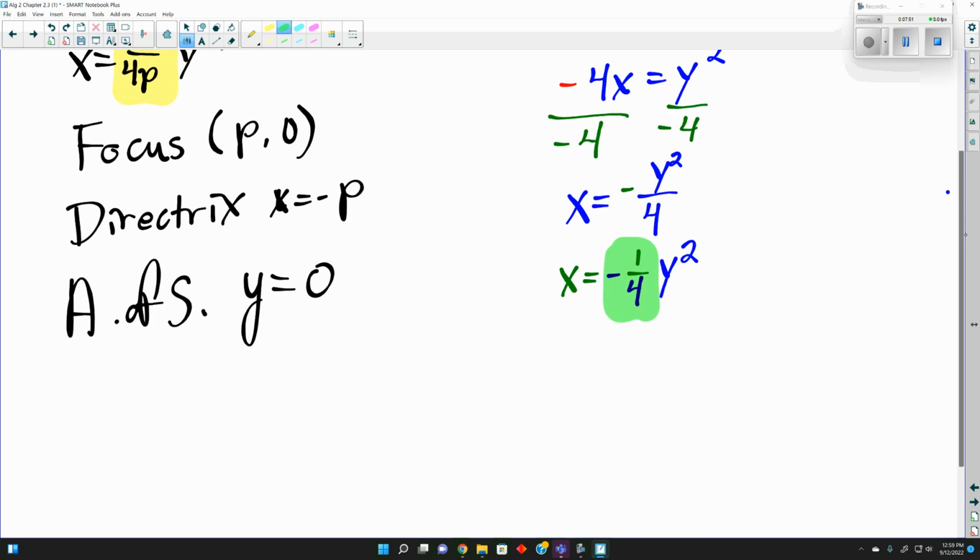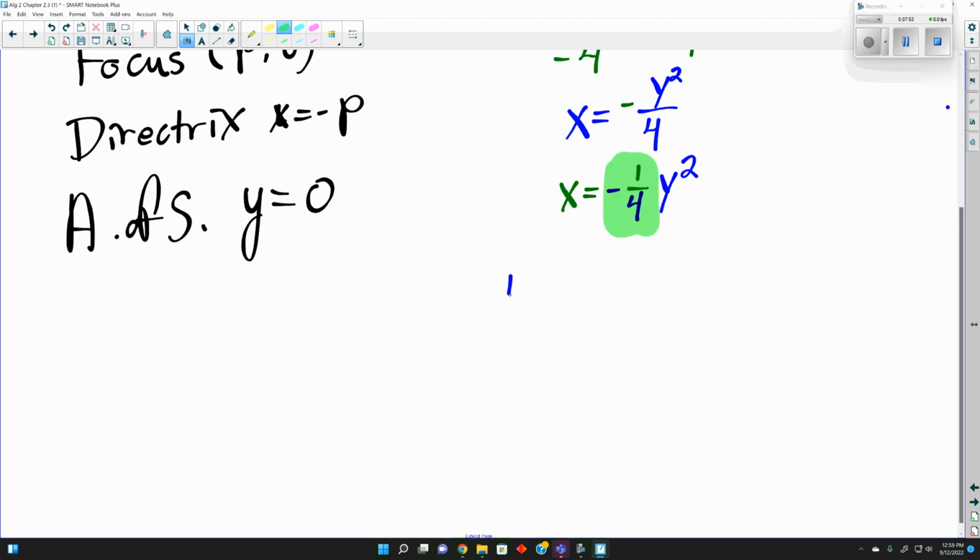So if I want to find the value of p, well, I can set 1 over 4p equal to negative 1/4. Because whatever's in front of that y squared term or x squared term, we can set equal to 1 over 4p to solve for the value of p. Because that's where that term is going to be found. Questions on this so far?